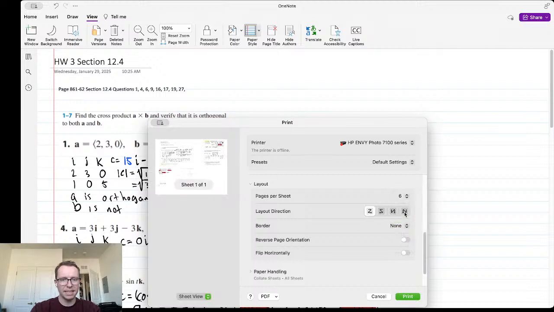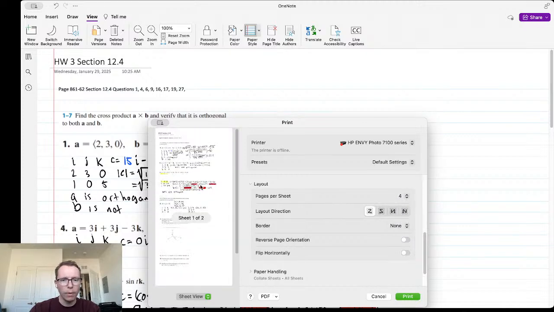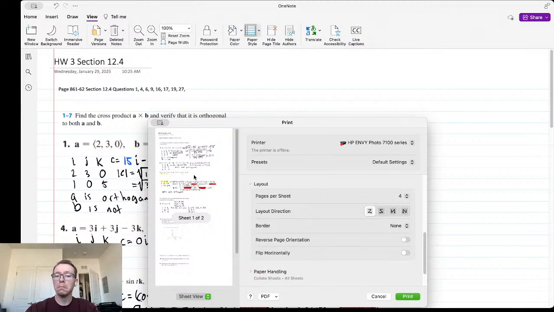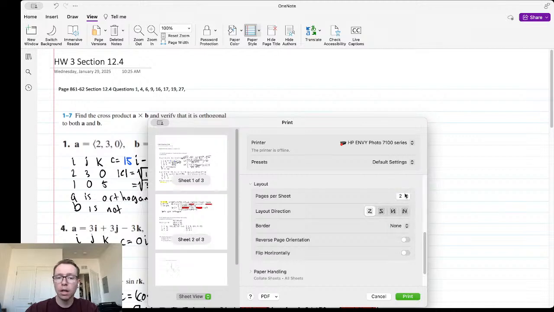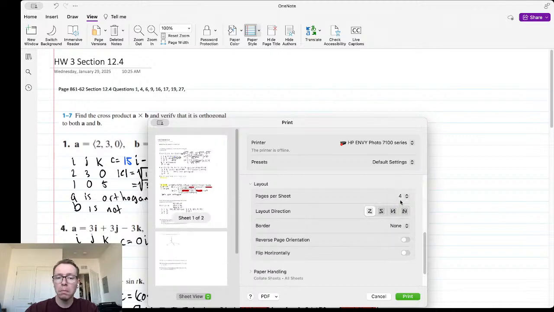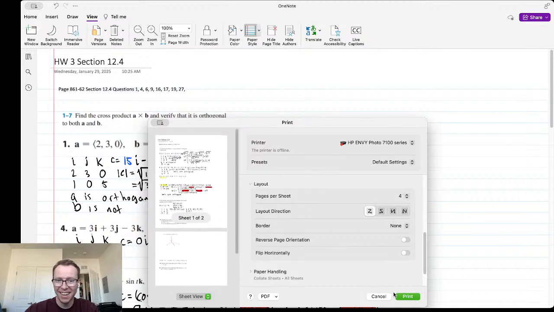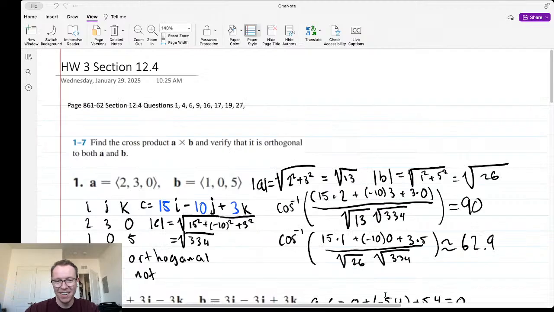Let's put that to 6, and it packs everything onto one page, but I want it. Wait. Did this one work? I think that one might have worked. It hasn't ever worked before. So, if it works, that would be great. I'm gonna hope that works.